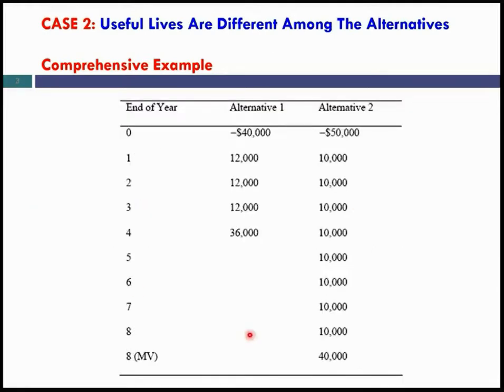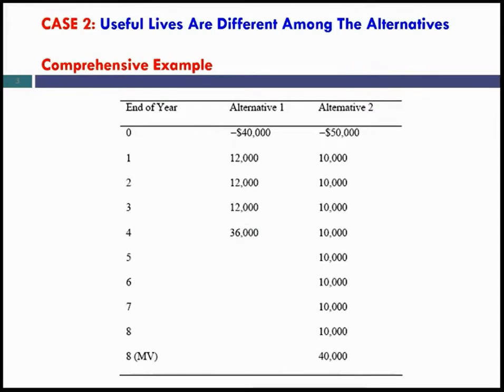And the project data is given in this table. There are two project alternatives, and the cash flows of these alternatives are provided in this way. In the first alternative, we have an initial investment of 40,000 and annual revenues. The useful life of the first alternative is 4 years, and at the end of the 4th year, we have a salvage value.